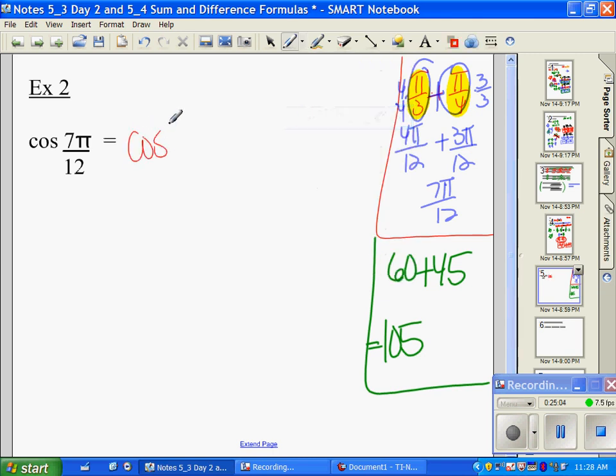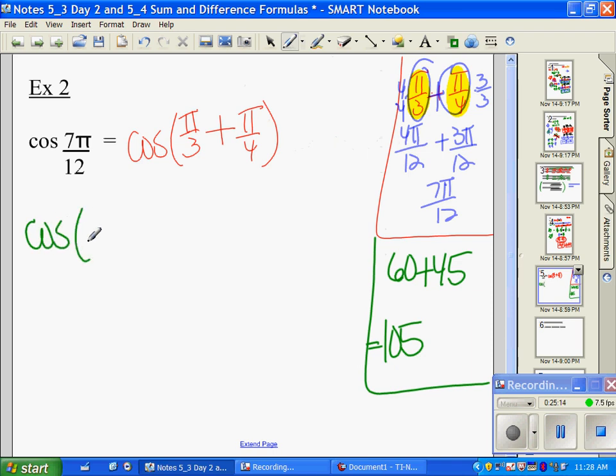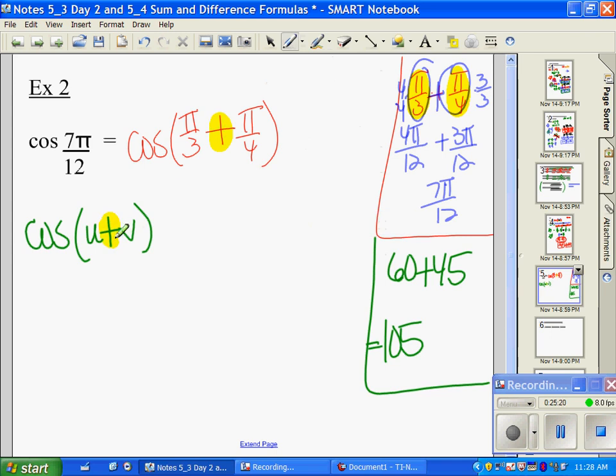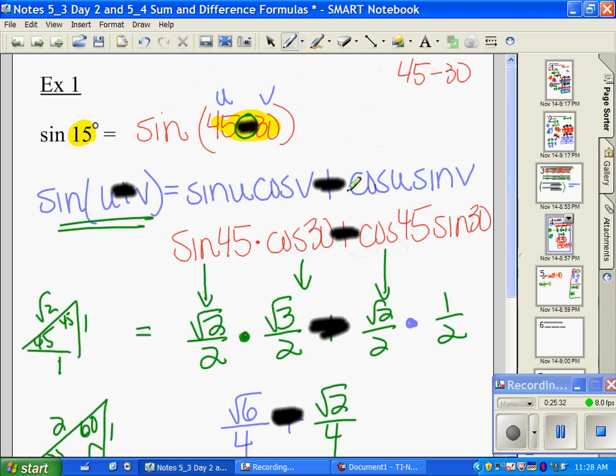It's cosine of pi over 3 plus pi over 4. So if I want to go ahead and write that formula down, cosine of u plus v, again, make sure that I have this right. This is a plus one this time. If I go back to my formula sheet, I notice that they're both cosine, but this time the pattern switches, whereas in the sine problem, it was supposed to stay the same.